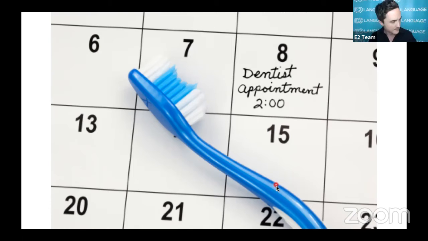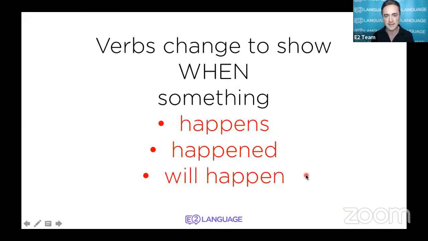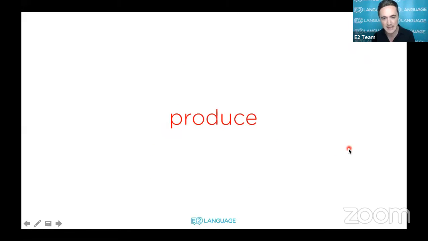There are 12 verb tenses. Whoa, that's problematic. So we need to sort that out. So verbs change to show when something happens, happened, or will happen. Let's look at this verb as an example.